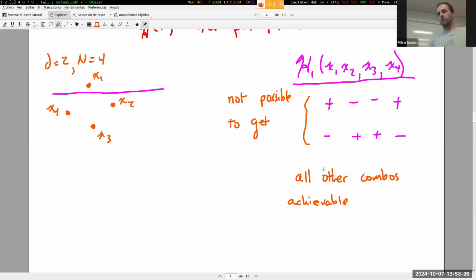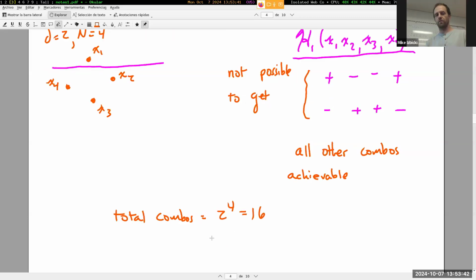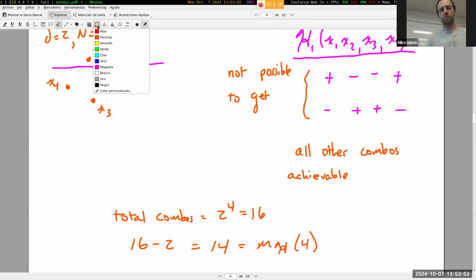We said the total number of combinations is 2 raised to the power of n. So n equals 4, so total combinations equals 2 to the 4 equals 16. And there are 2 that we cannot achieve. So 16 minus 2 is 14, which is what m sub h of 4 is equal to.